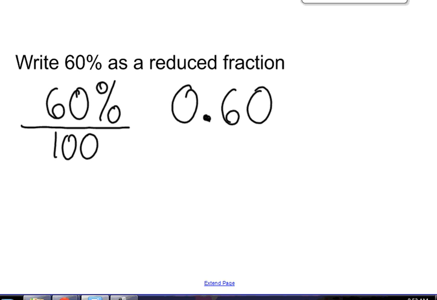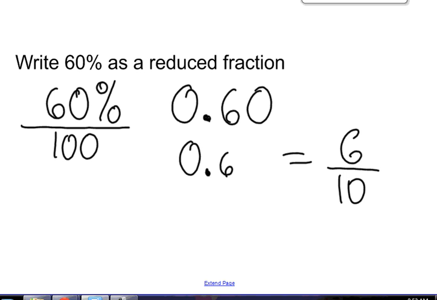We have a fraction when we divide, but we also can just think about it like this now. Once we have that fraction, 60 hundredths is the same as 6 tenths. So now we've reduced the fraction a little bit so that our fraction is now 6 over 10.